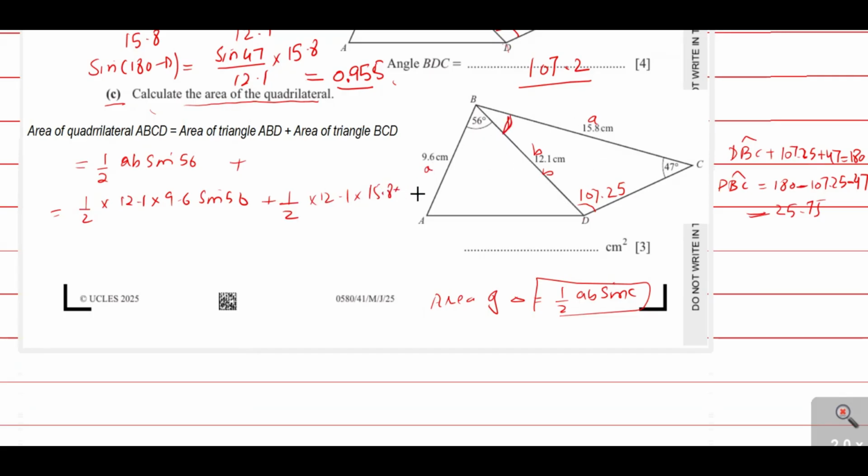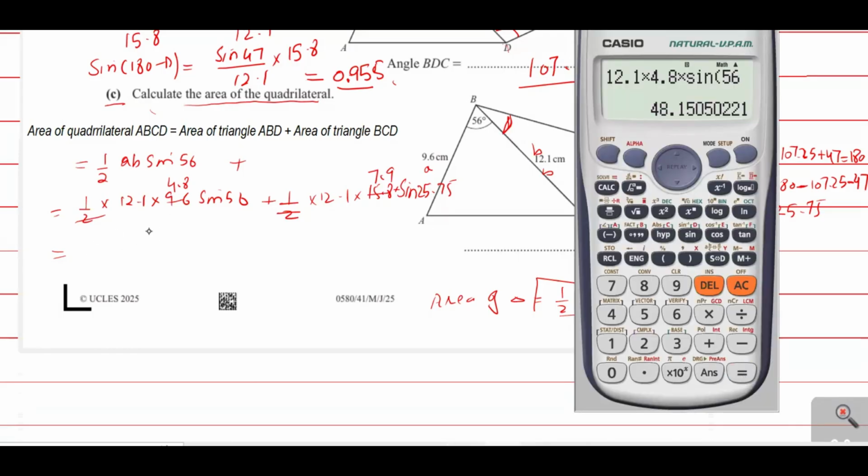We can write 1 over 2 product of two adjacent sides, 12.1 into 15.8, into sine of the angle between these two sides, 25.75. 2 times 4.8 is 9.6 and 2 times 7.9 is 15.8. Therefore, we can calculate, we get this value is 48.15.